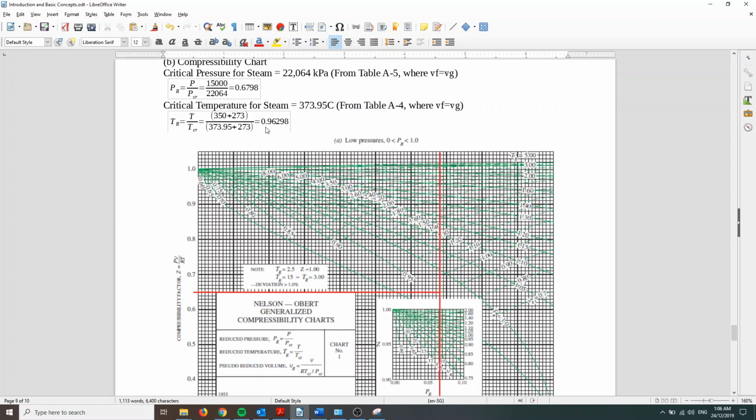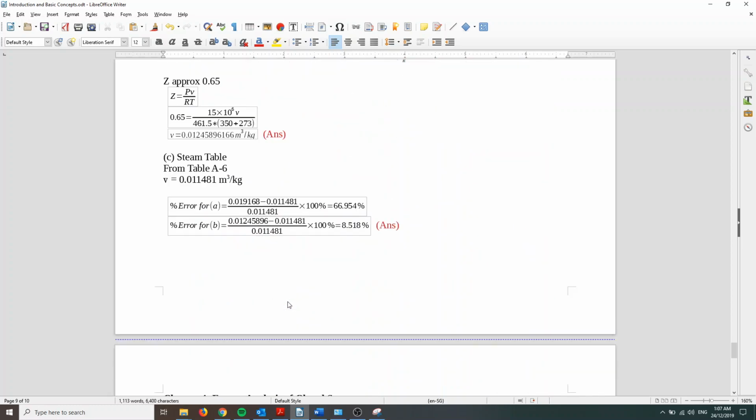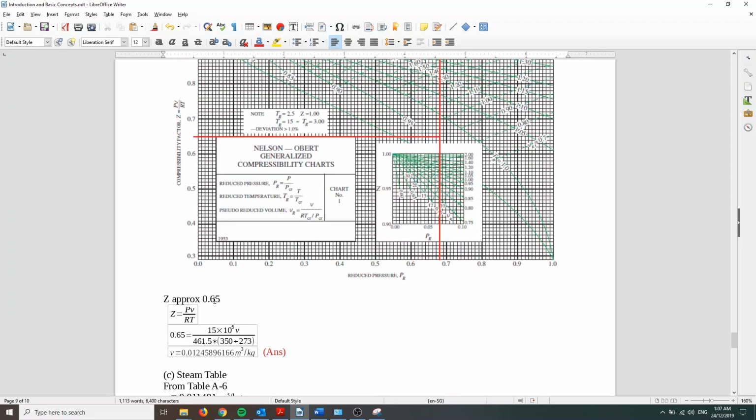So 0.96298, I'll look over here, which is in between reduced temperature equal to 1 and reduced temperature 0.95, somewhere in between. I draw one horizontal line and I find my compressibility factor Z, which is approximately 0.65.